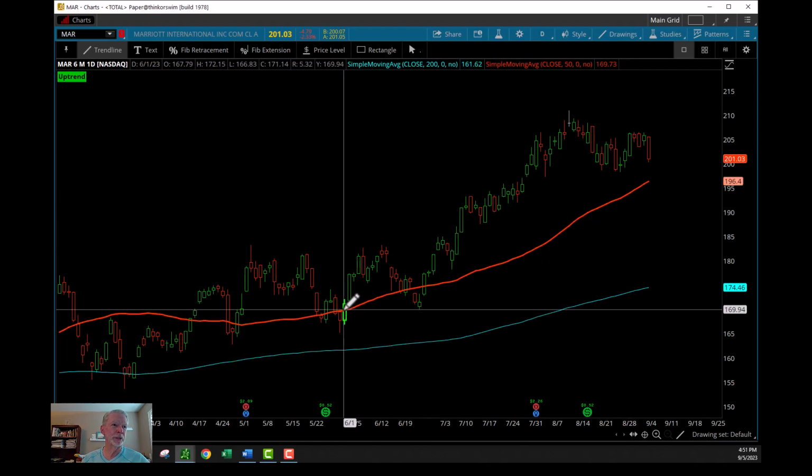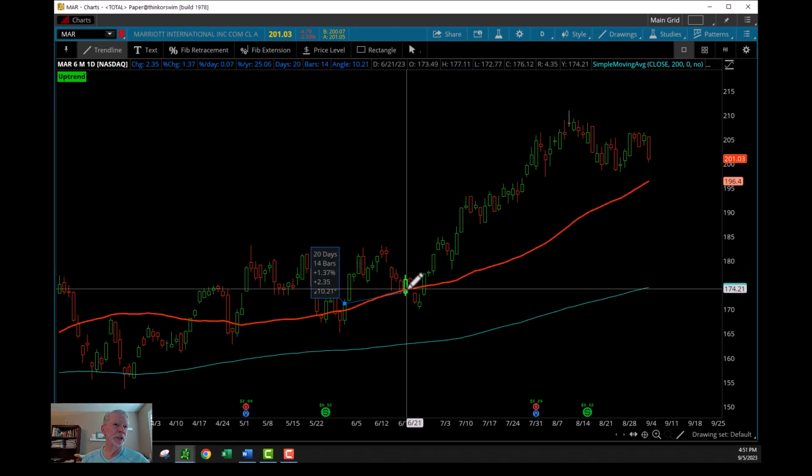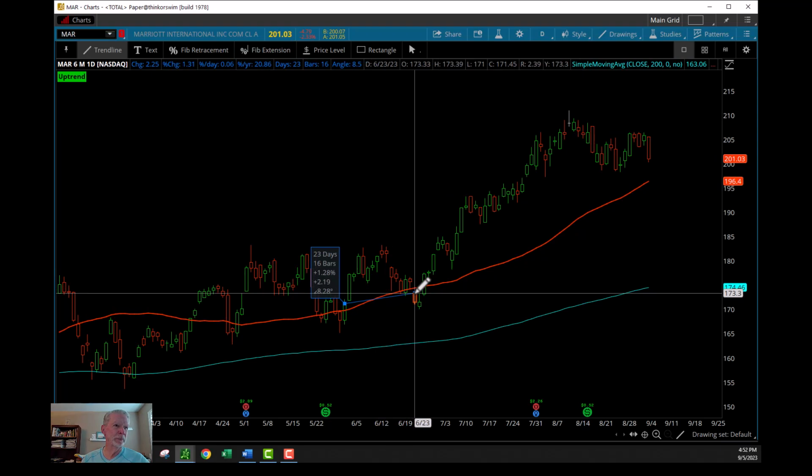For example, someone could get in here and the stock would go up and down, and you may want to get out over here. You made maybe 1 or 2% in 16 days, 16 bars.